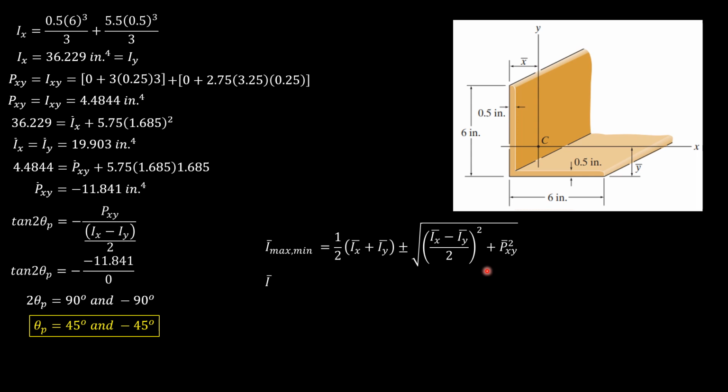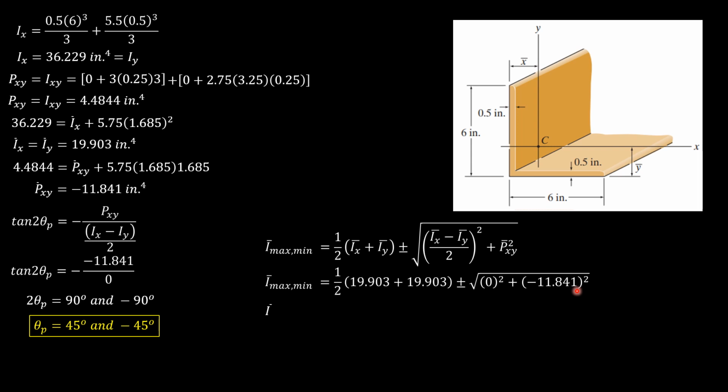So substitute 1/2 of quantity 19.903 plus 19.903 plus minus square root of 0, because the I bar x and I bar y are equal, then plus negative 11.841 quantity square.